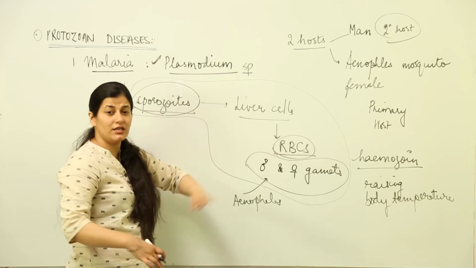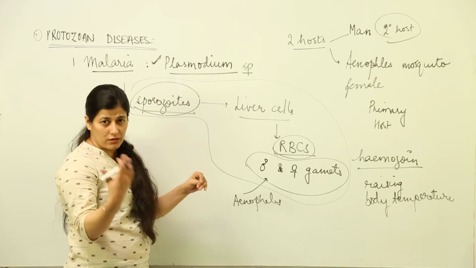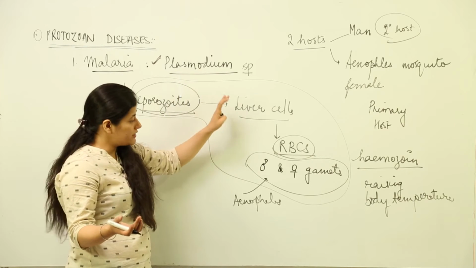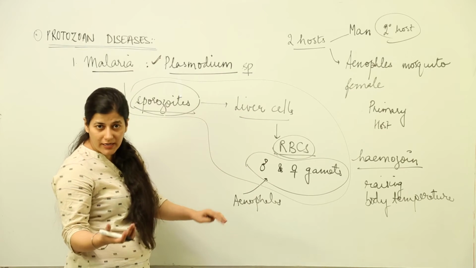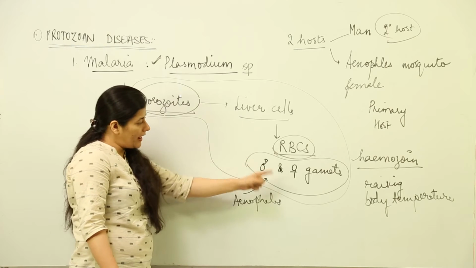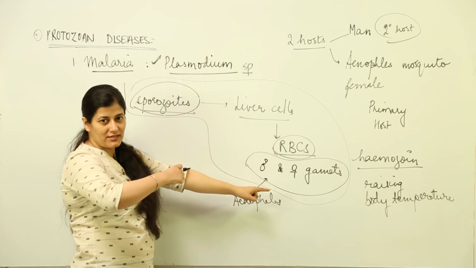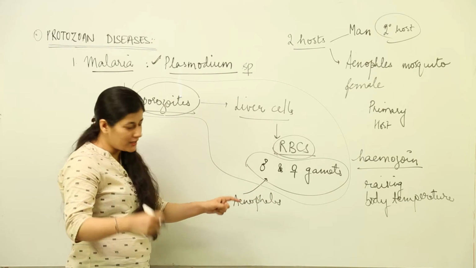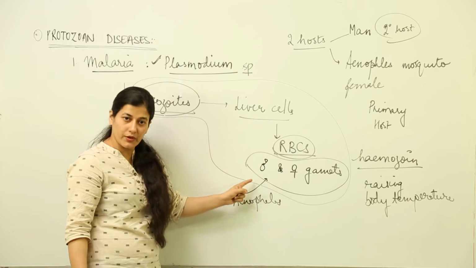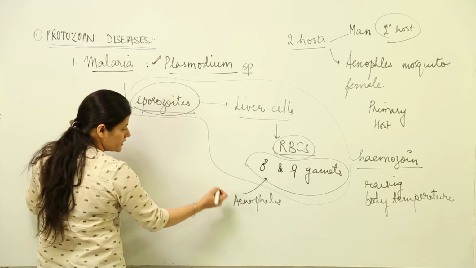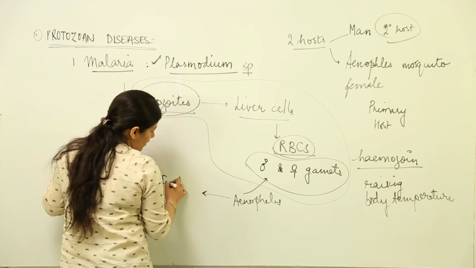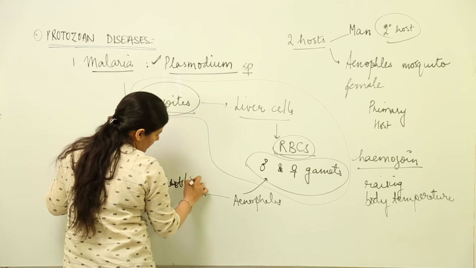RBCs are infected and they produce many of these Plasmodium stages, and they form the male and female gametes as well. Now, one uninfected Anopheles comes and bites the human being, takes up the blood, and inside its gut go the male and female gametes. Inside the gut of Anopheles, the male and female gametes meet, and here takes place fertilization.